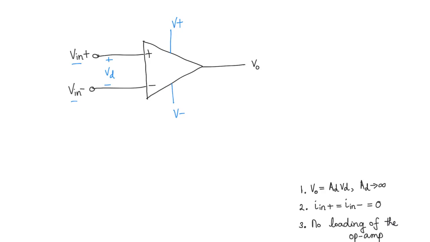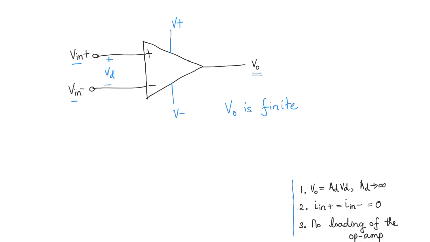But let's say we could build an op amp circuit where V naught is not infinity, or not saturated. So V naught is finite. What would that mean with these assumptions?